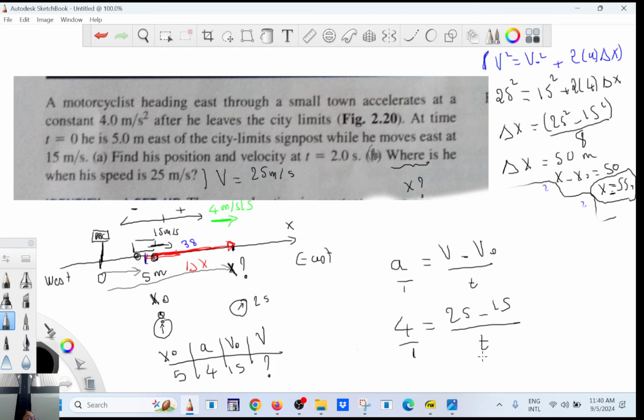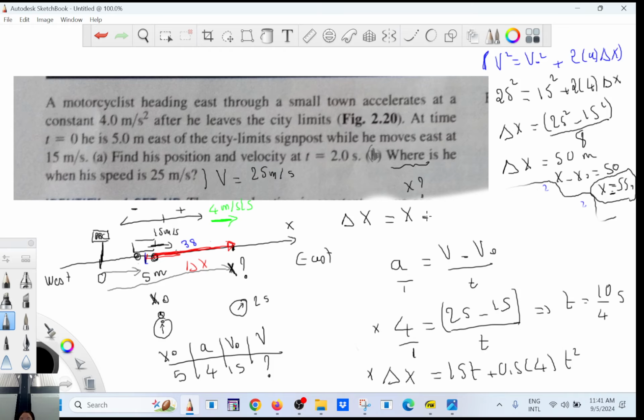Okay, so you can find the time. And once you have the time, then you can do delta x equals initial velocity 15t plus 0.5 a t squared. So you could have done it in 2 steps. If you use this equation here, you do it in 1 step. Is that clear? Okay, 10 divided by 4 seconds, and then you plug that into here, and you should get the same answer, except do remember, delta x is the final position minus the initial position.